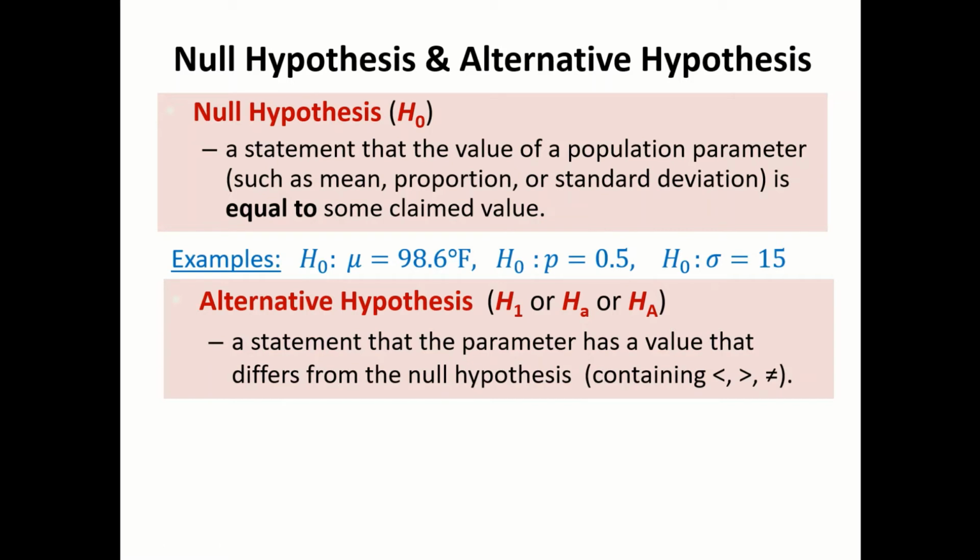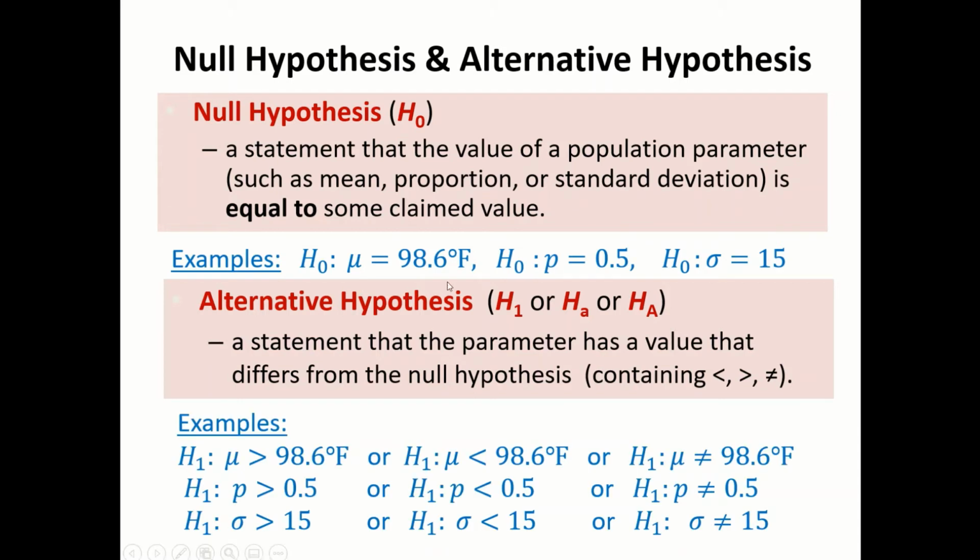Okay, now let's look at alternative hypothesis. Remember we said it is a statement with inequality signs, either less than or greater than or not equal to. So for each of the null hypotheses, you will have three possible alternative hypotheses. For example, for the first null hypothesis, mu equal to 98.6 degrees Fahrenheit, it is possible to have these three alternative hypotheses.